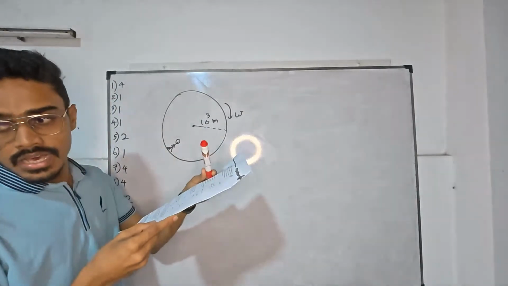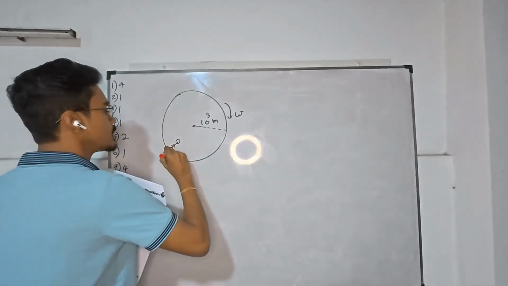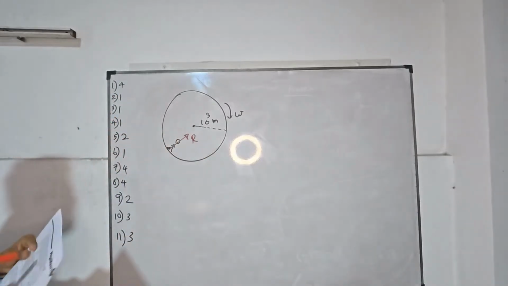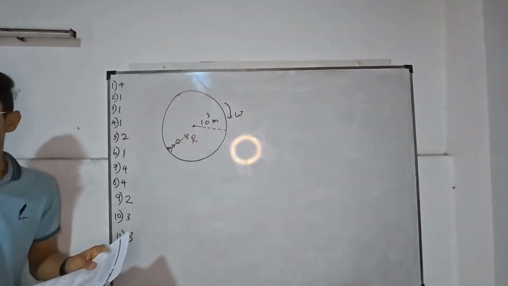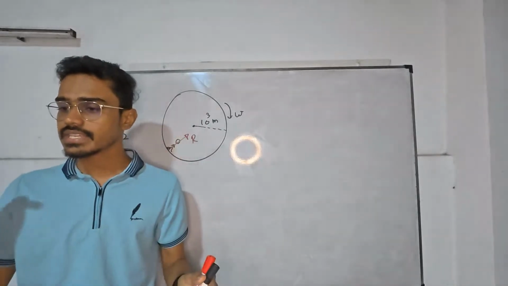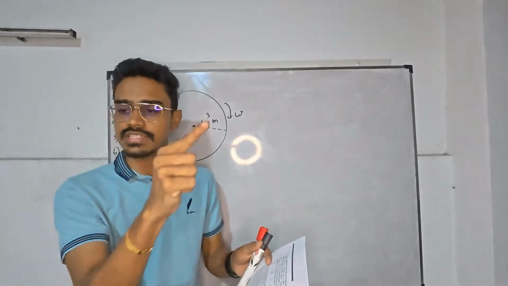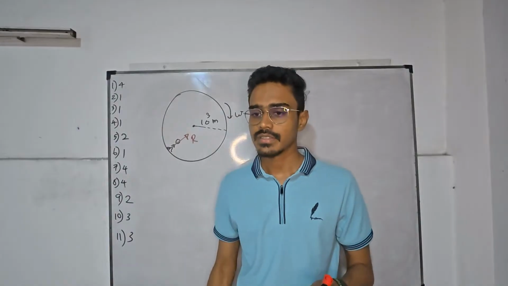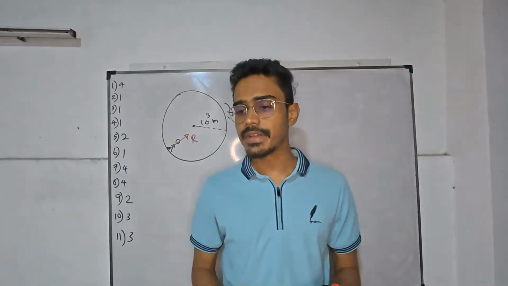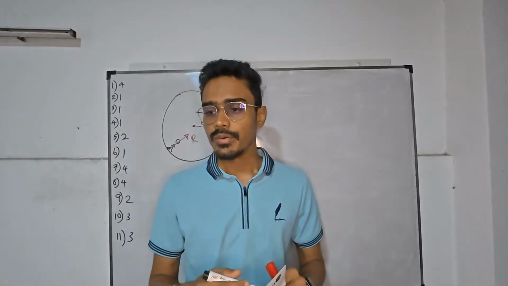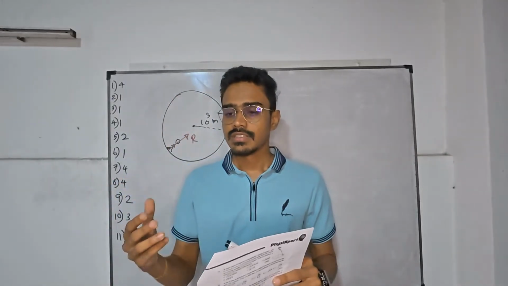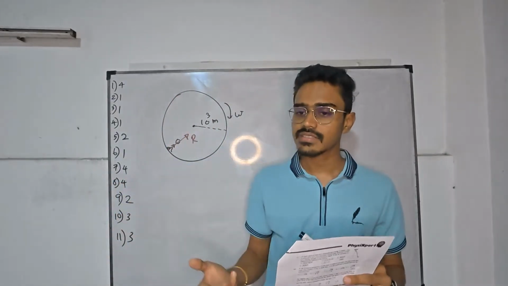And there will be a perpendicular reaction on that person like this, and the direction of that reaction is exactly towards the center. So we can use F equals ma towards the center. In circular motion, there are very straightforward things to do.